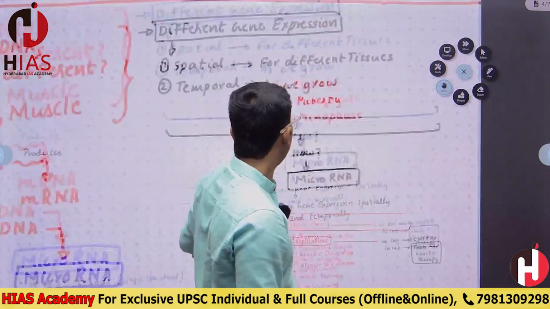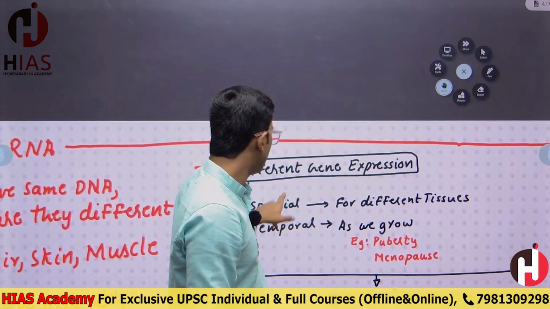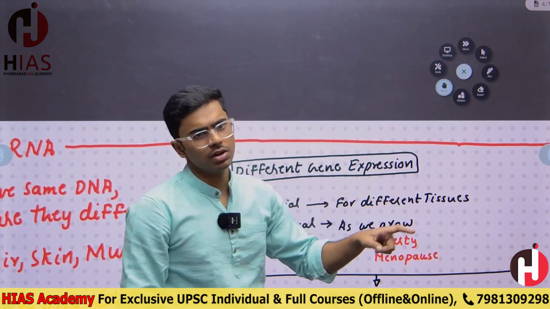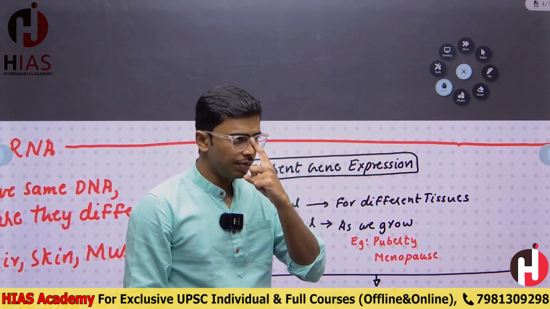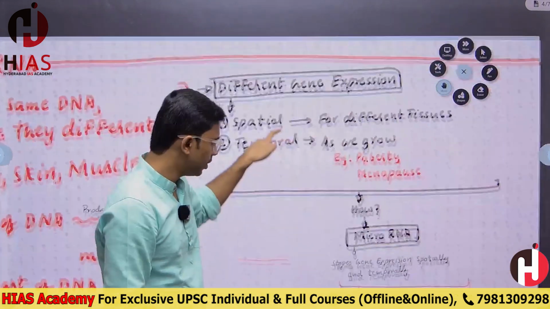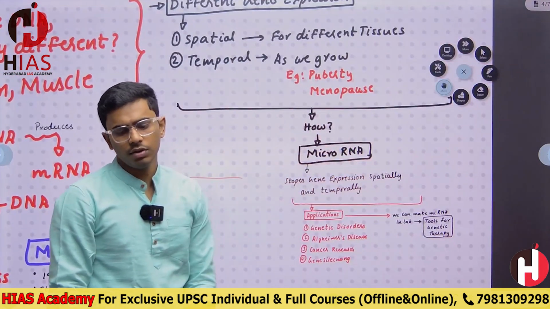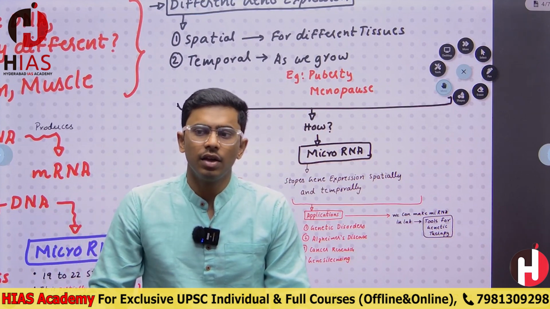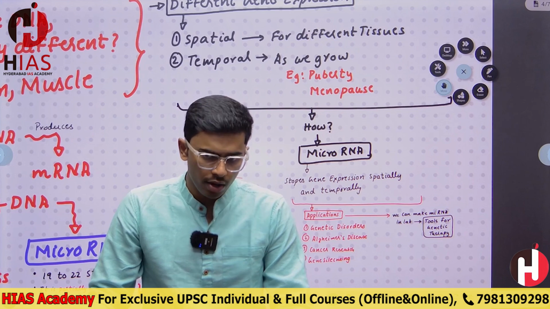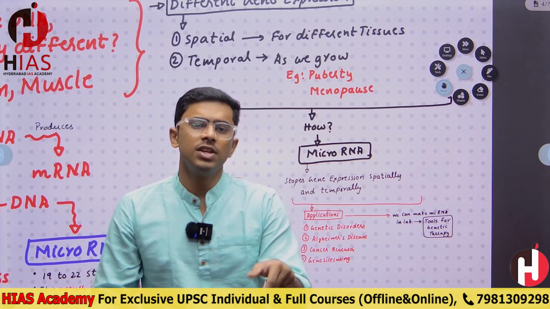Now we did not know how this particular gene expression actually worked. This is where the discovery by these two scientists has revolutionized. That's called microRNA. The Nobel laureates have said that microRNA is one of the ways to stop gene expression.